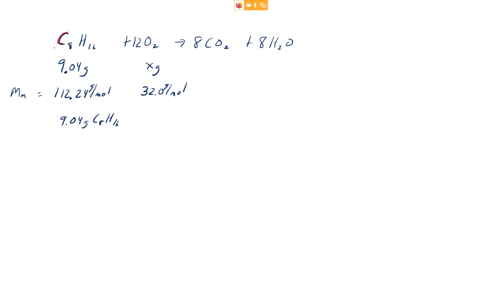I can read this sentence as being 1 molecule of octane plus 12 molecules of oxygen goes to form 8 molecules of carbon dioxide and 8 molecules of water. What else can I use instead of molecules? What other unit can I use? Moles. So how do I go from grams of octane to moles of octane?